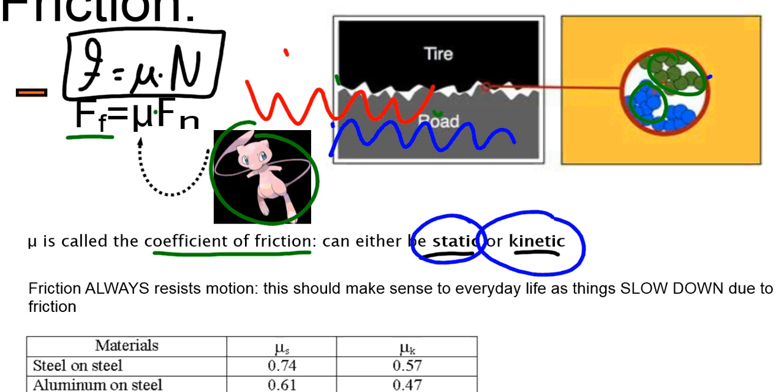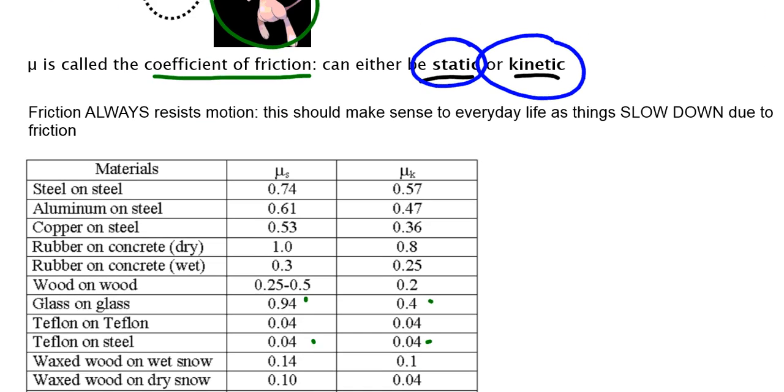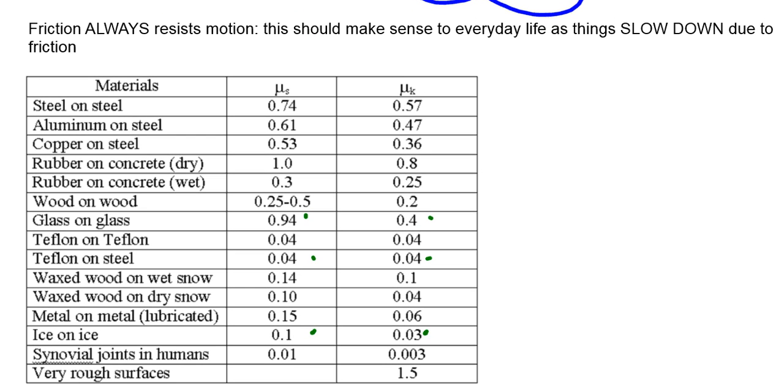So here is a quick little table showing you tons and tons of friction coefficients, all the different ones. We're going to use the letter mu with a subscript s to represent static or standing still friction, and mu with a subscript k to represent kinetic or moving friction.